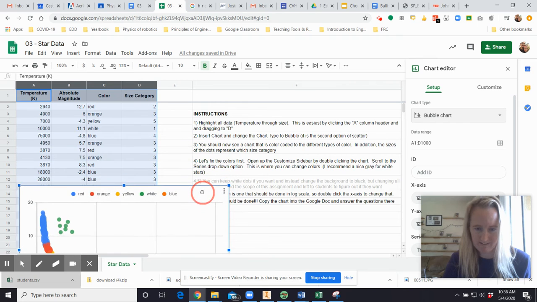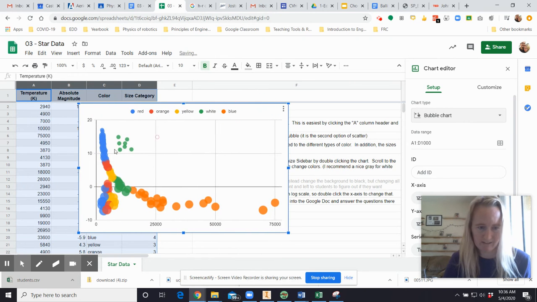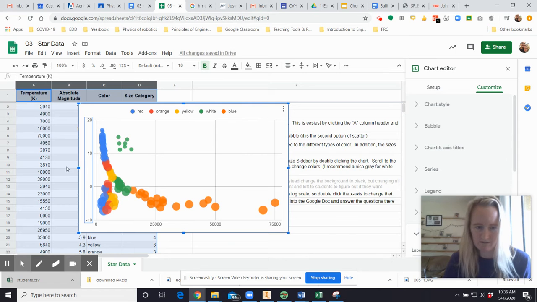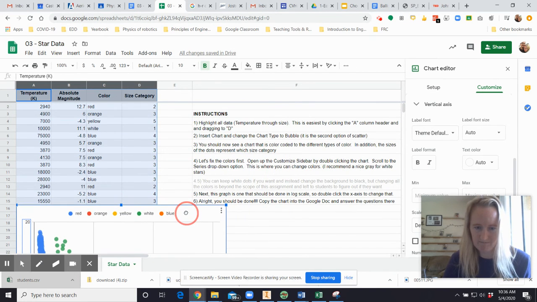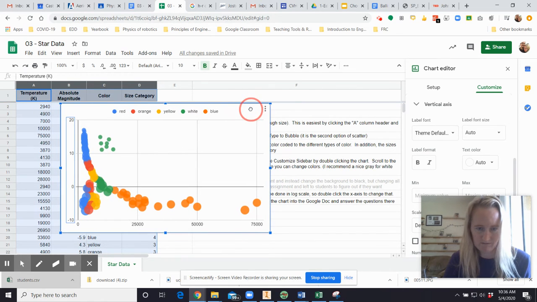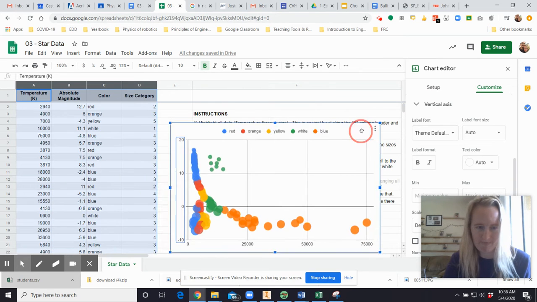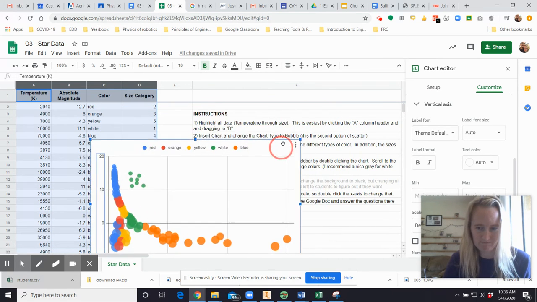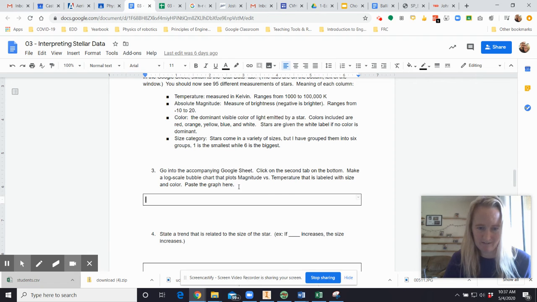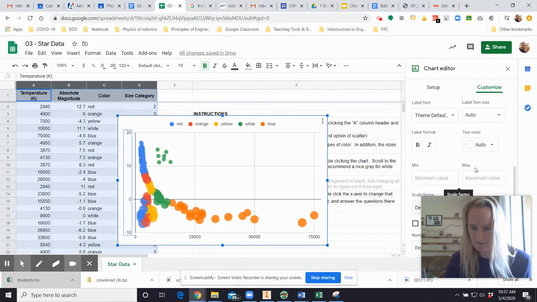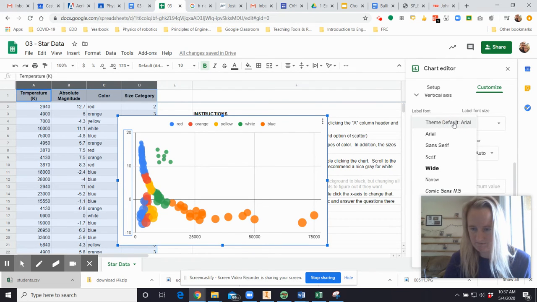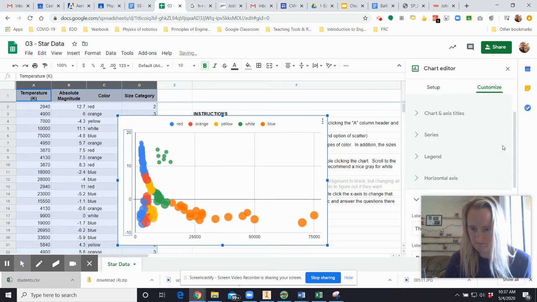Open up the customize sidebar by double clicking on the chart. If you see here, we're doing magnitude versus temperature. So the vertical axis is going to be temperature.